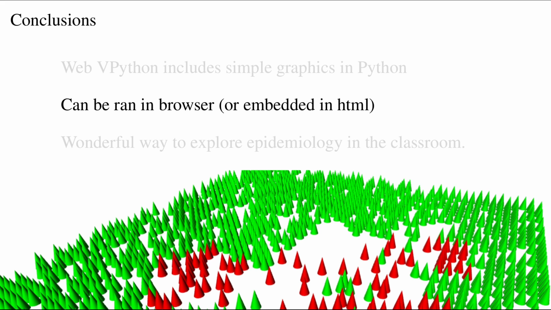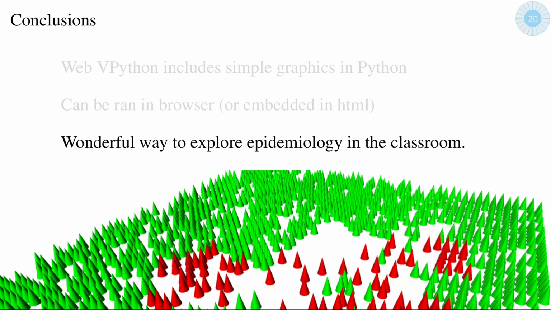And when you're done, if you want to, you can copy the embed code and paste it into HTML, so you can have these things running within other websites. So just to conclude, I found it's a really wonderful way to explore not just epidemiology, but lots of computational biology in the classroom. And I'm sure it'll be useful for lots of other topics too. Thanks for listening.